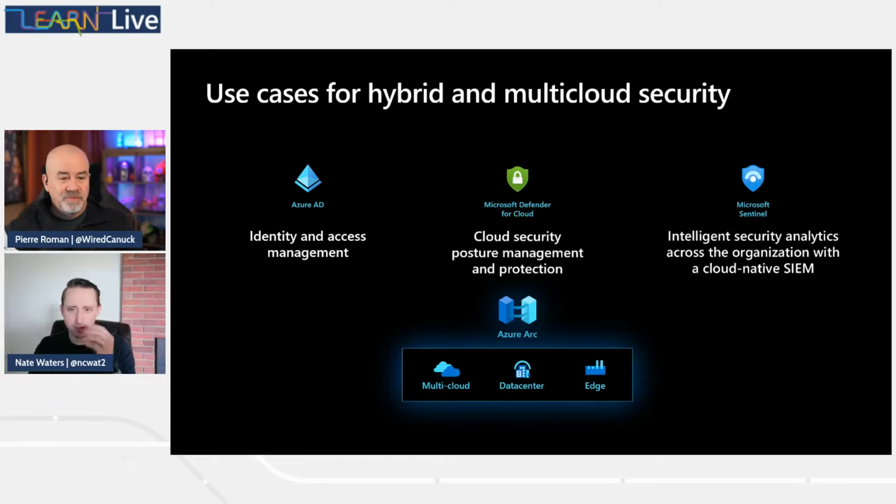So, Pierre, do you want to, or go ahead? No, I was going to say, on-prem, there are a number of different tools that you can use, but one of the greatest things about this particular set of tools, and especially in Sentinel, is the AI that's built into the product that can analyze all of the information you're getting from those multi-cloud, data center, and edge devices to pinpoint where the attack may be coming from or its progression through your system.